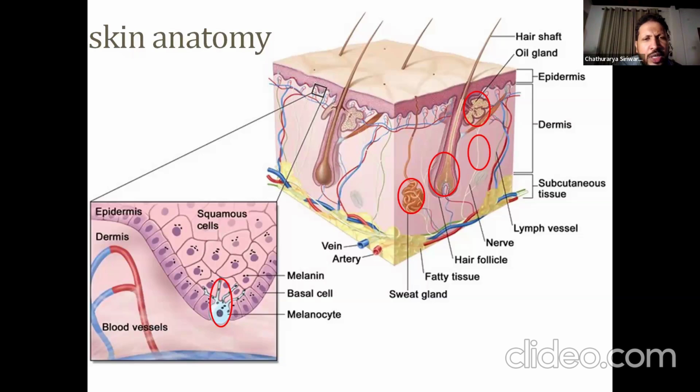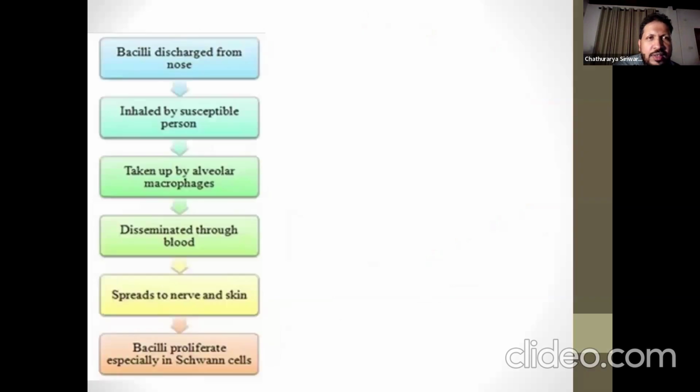Melanocyte damage will lead to hypopigmentation. That's why you get hypopigmented, anesthetic, dry, scaly patches, sometimes with absence of sweating and loss of hairs. So the more intense the immune response, the more likely you are to see these features within the patch, right?